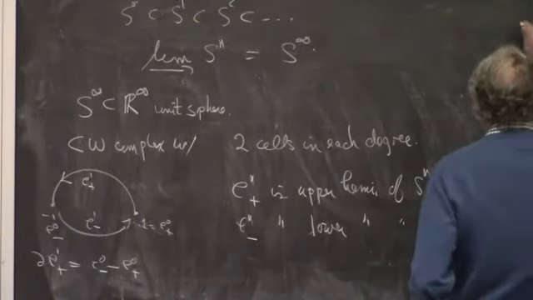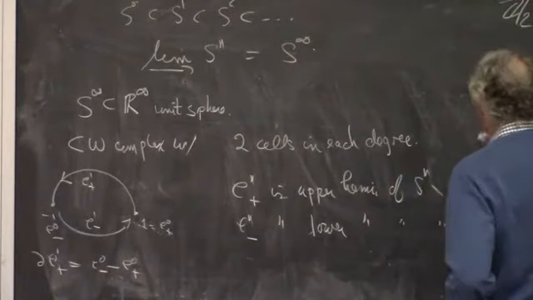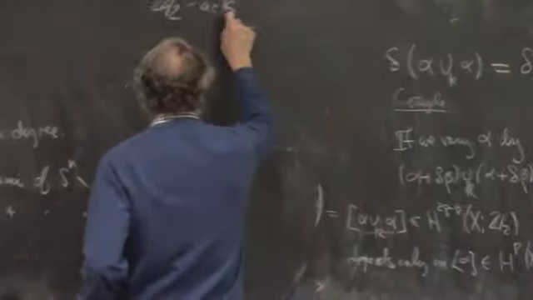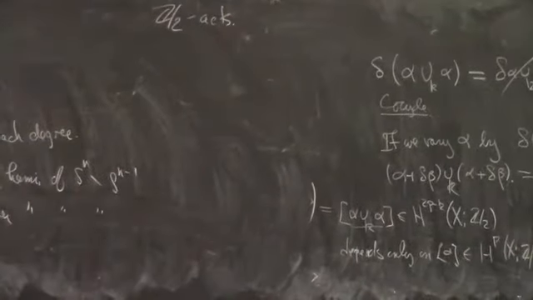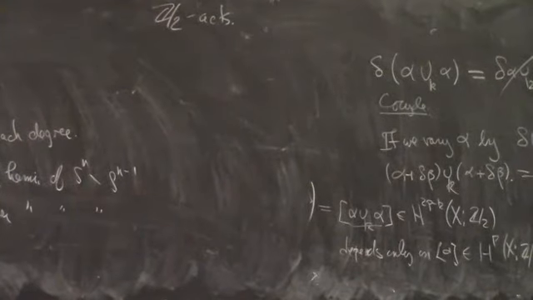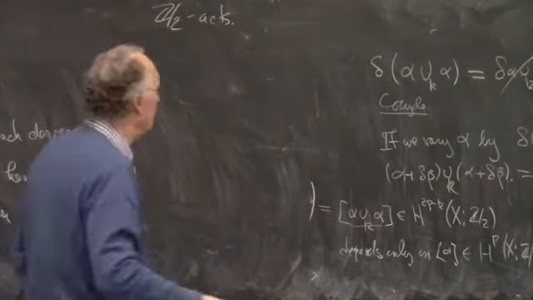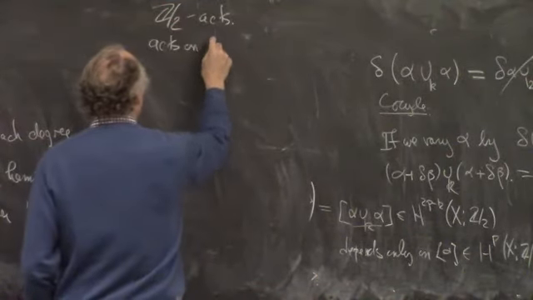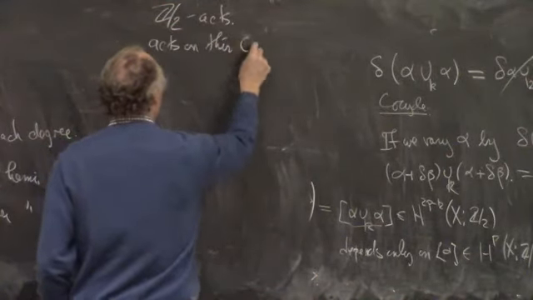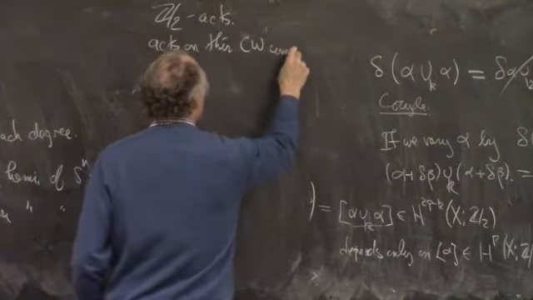There's a natural action: Z2 acts topologically on the sphere. It's the antipodal map, and it preserves its cell structure. It sends cells to cells. It acts on this CW complex.